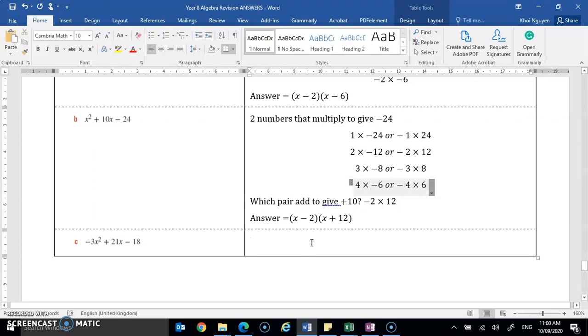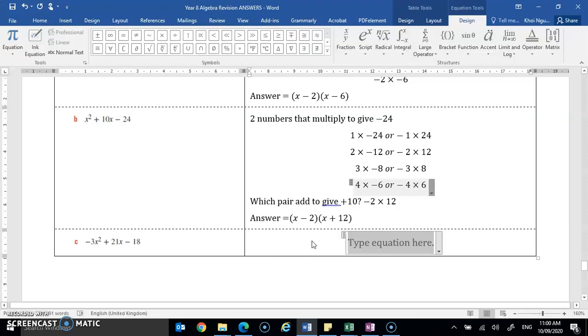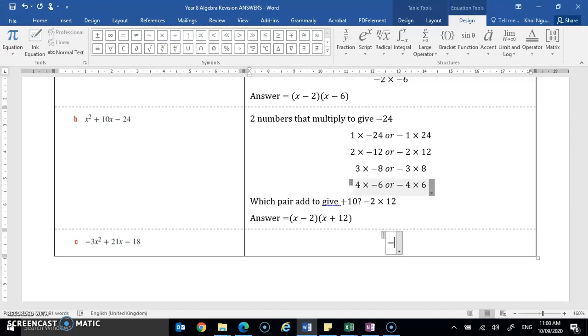So what we want to do here is first take out the common factor, and the common factor here is -3. I'm going to rewrite this first. So this is -3 times x squared.